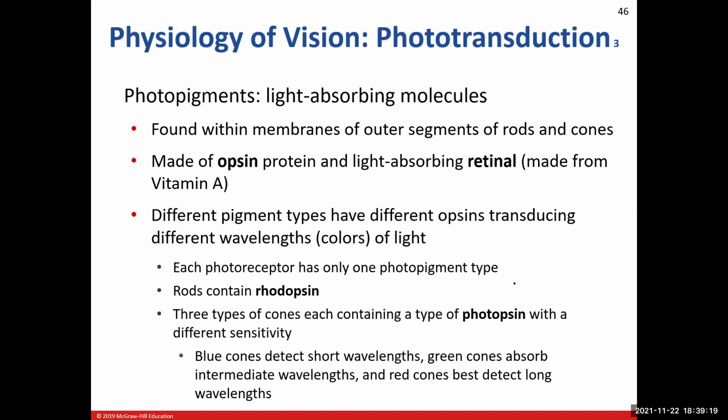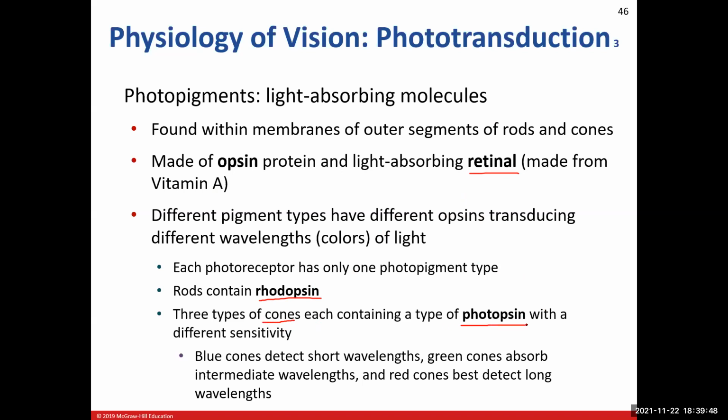Here we're looking at our photopigments made up of our opsin protein and then the actual molecule that absorbs the light, the retinol. Our rods have a specific type of photopigment called rhodopsin. And our cones have their own photopigment called photopsin.